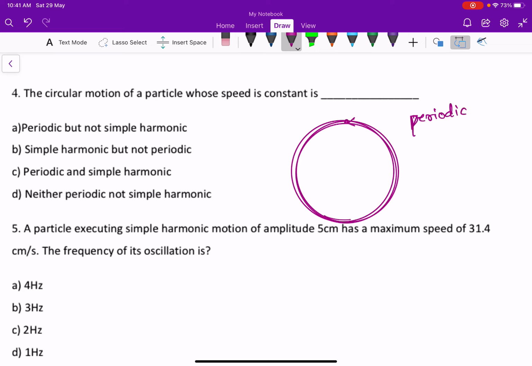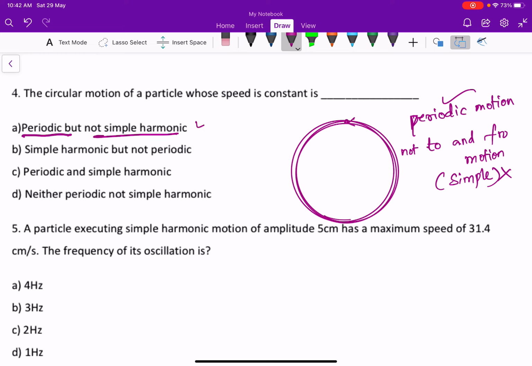But it is not to and fro motion, so it is not a simple harmonic motion, but it is periodic. So the correct answer is periodic but not simple harmonic.